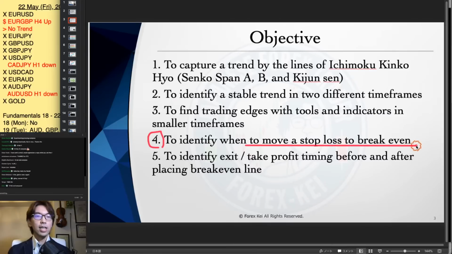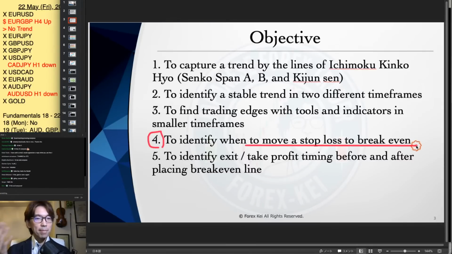So every time I take trades, first of all, I put the stop loss for sure, because it's like a seatbelt, and especially these days, under the age of coronavirus, anything can happen in the market, and the market spikes up and down due to some news. So in that sense, I always make sure to put the stop loss. Whenever I buy or sell, I make sure to put the stop loss every time I take trades.